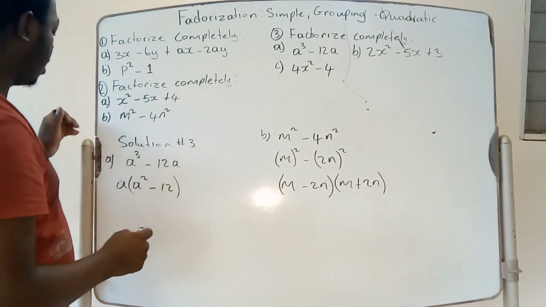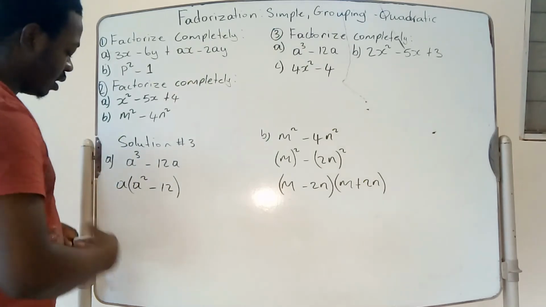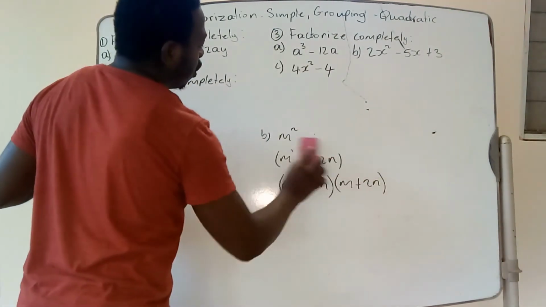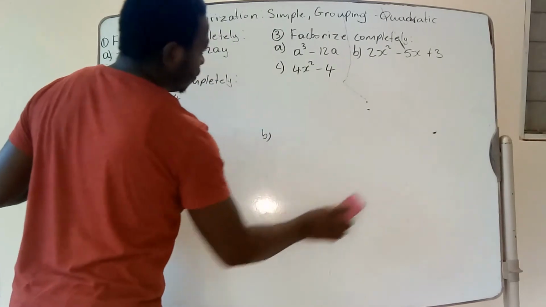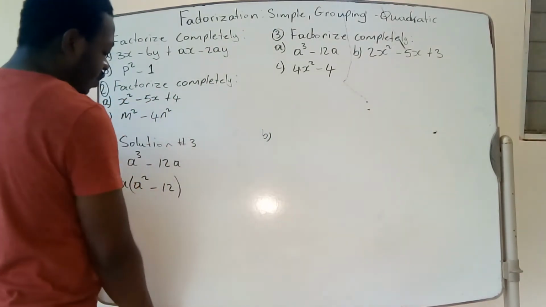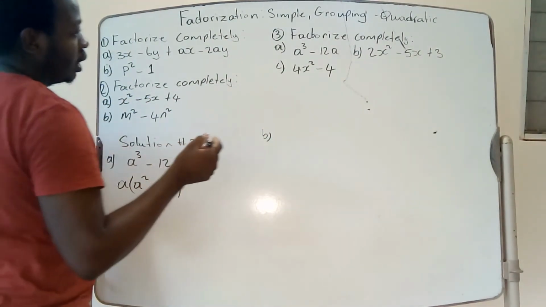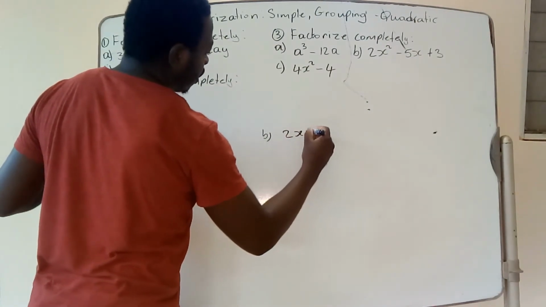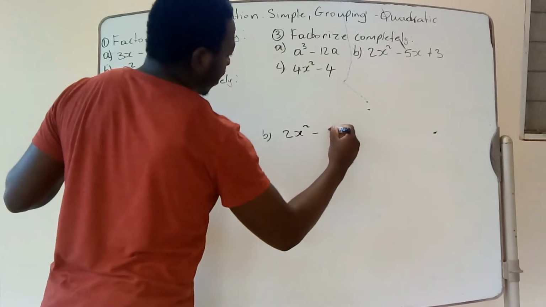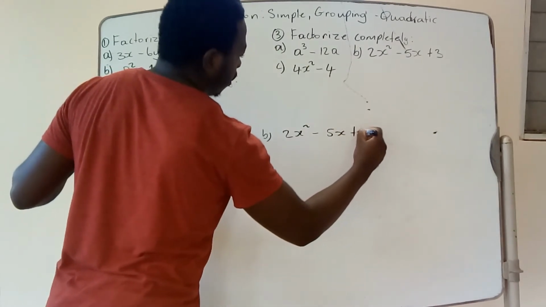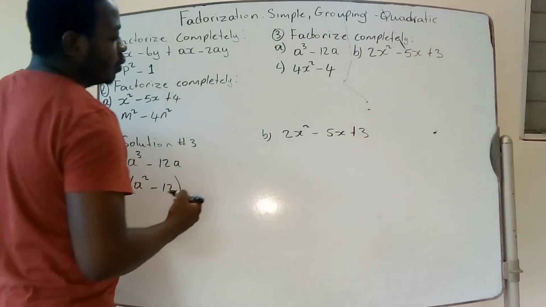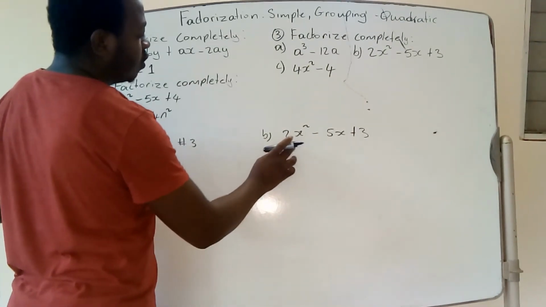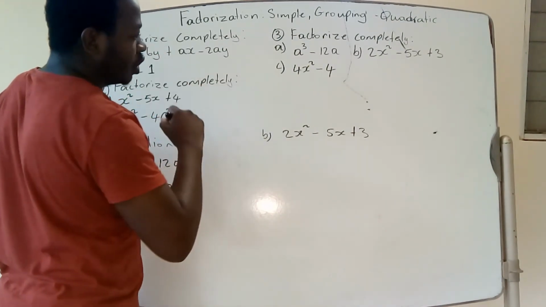Now to part B. Part B is a quadratic expression. So anytime you see an expression with a square term, it is normally a quadratic expression. So this is 2x squared minus 5x plus 3. Again, we can use the AC method to factorize this expression.